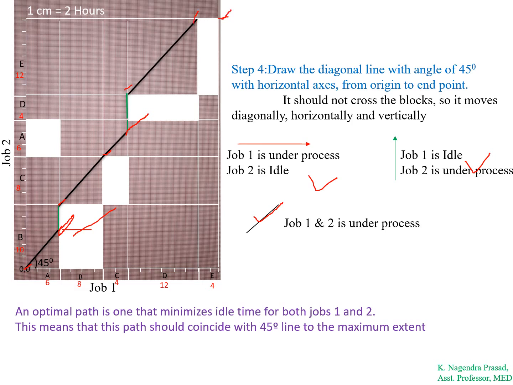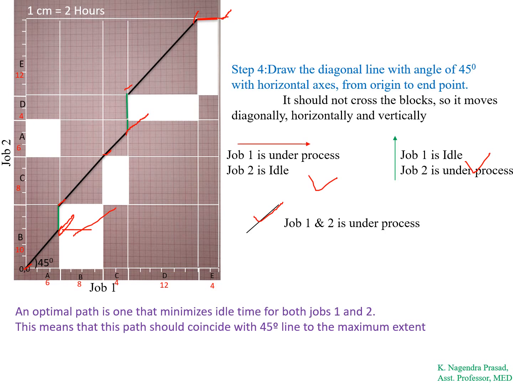If you draw a diagonal line or vertical line, we can't reach the end point. Then we have to draw a horizontal line. And one more thing you have to remember, the path of the line should always be the optimal path, which means you always have to choose the path having the inclined line with the maximum length.